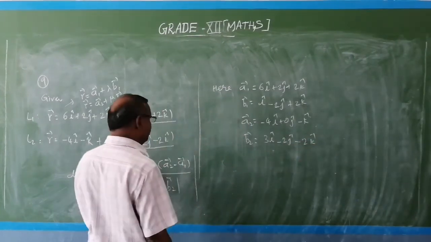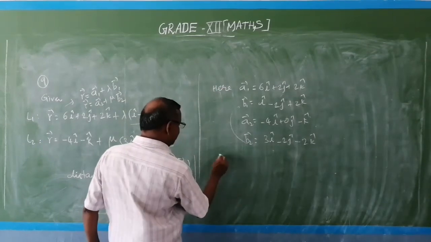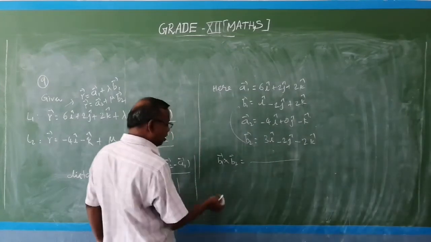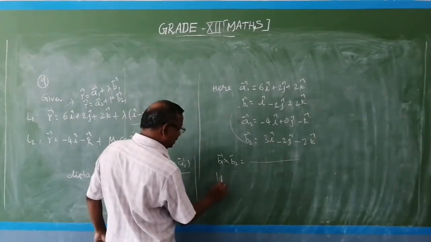Now first find b1 vector cross b2 vector, and also find its magnitude.